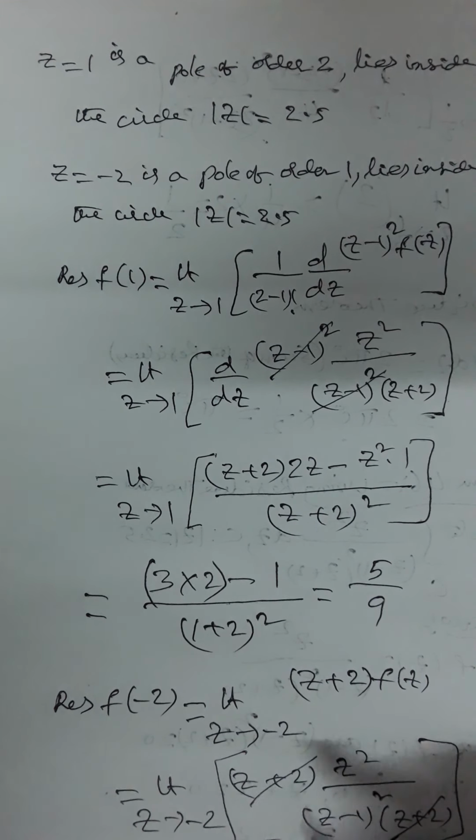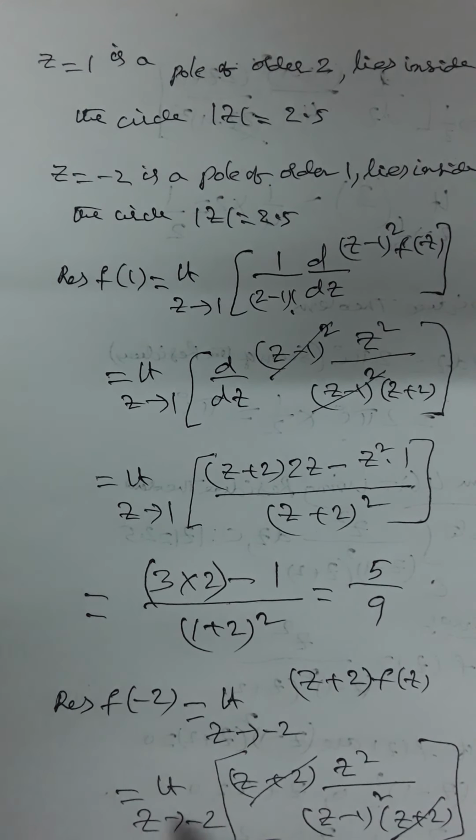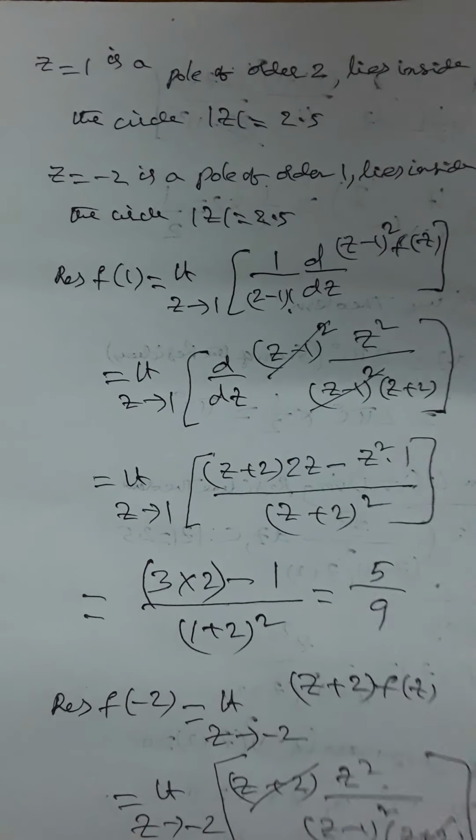The (z plus 2) cancels. Put z = minus 2: (minus 2) whole square by (minus 2 minus 1) whole square, so 4 by (minus 3) whole square, which is 9. So 4 by 9.